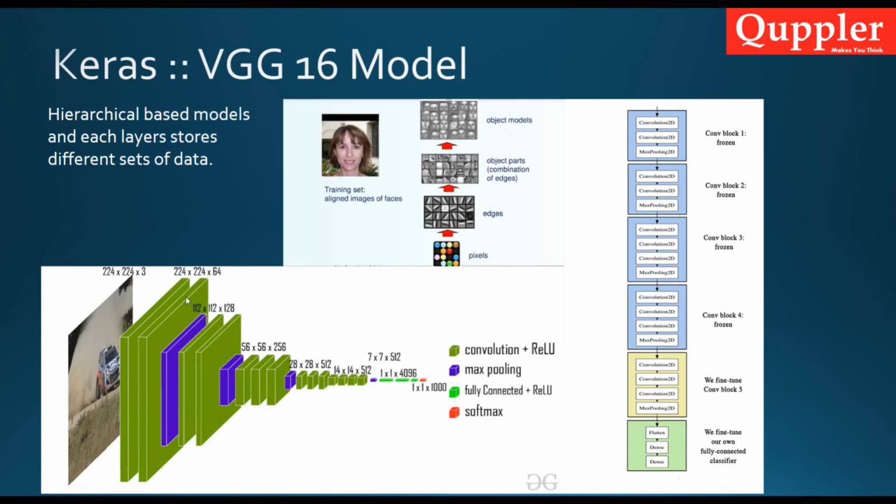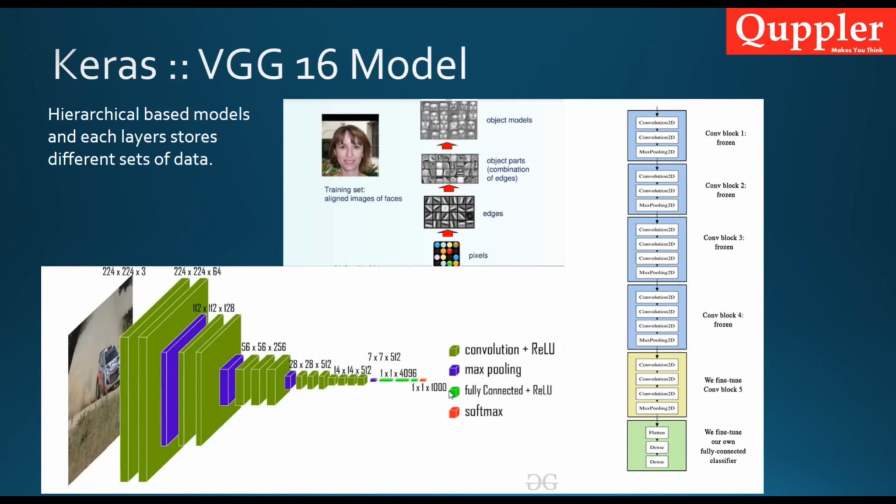Each layer would be of a different dimension, and it goes from top to bottom until it gets fully flattened. So you can see when we were feeding the image to the convolutional neural network, let's say about 224 cross 224 cross 3, that was the dimension, and in the last layer the dimension is about 1 cross 1 cross 1000.